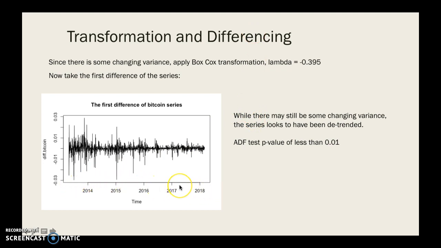plot. And it does look like the series has been detrended, although the variance does still change, but we do now get an ADF p-value of less than 0.01.